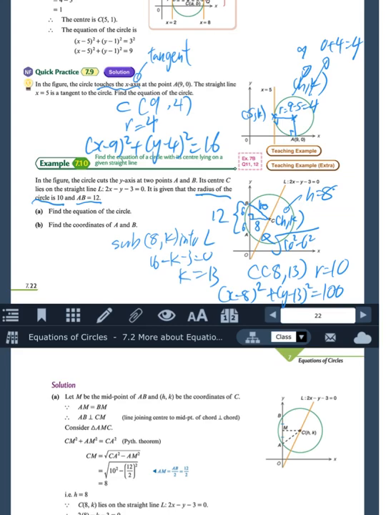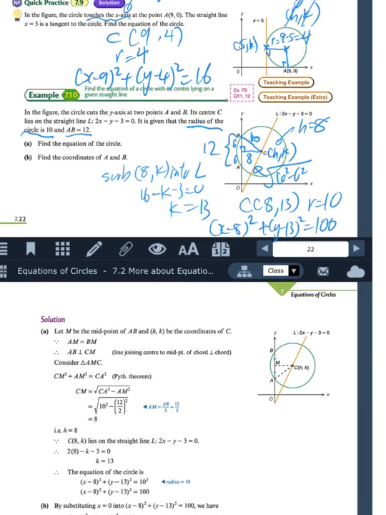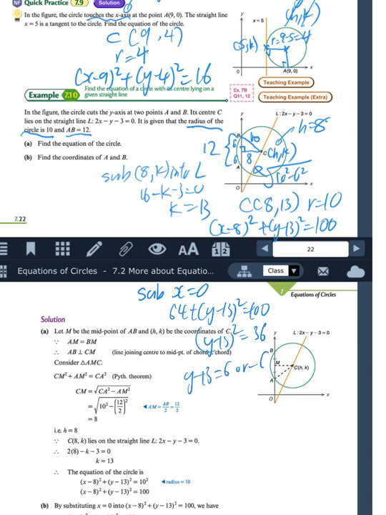Alright, and then find the coordinates of A and B. We know that the x coordinate of A and B will be 0, and A and B lie on the circle. Therefore, I may substitute x equals 0 into the equation, which gives 64 plus (y minus 13) squared equals 100. So (y minus 13) squared equals 36. y minus 13 equals 6 or negative 6.